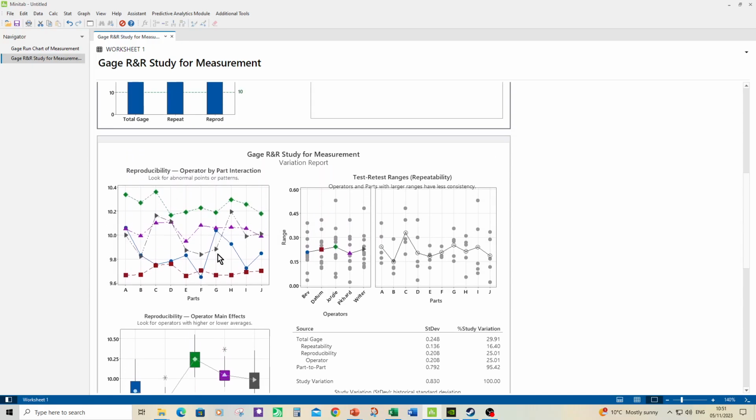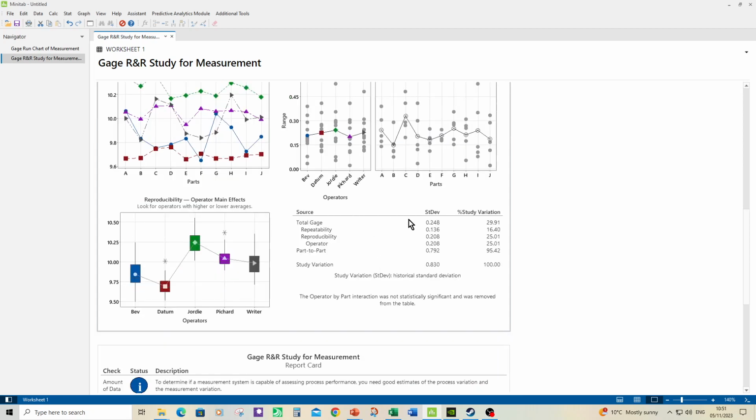To reduce the repeatability errors, we can look at the retest ranges and have a look at the operator ranges. They're all quite consistent in terms of their ranges. Looking at the breakdown of variation, there is no operator part interaction going on, so at least that's a bonus with this measurement system. Otherwise it is a bit of a complete disaster.